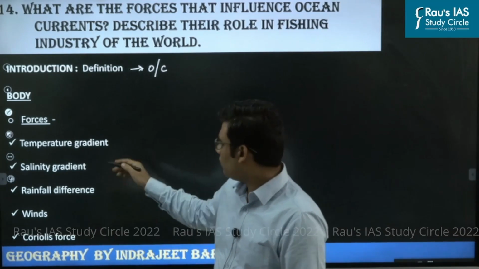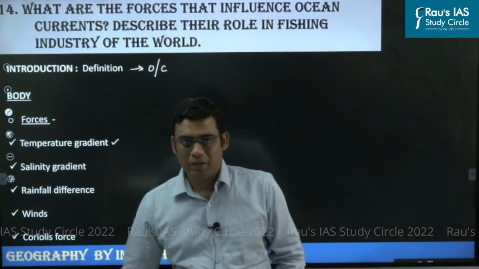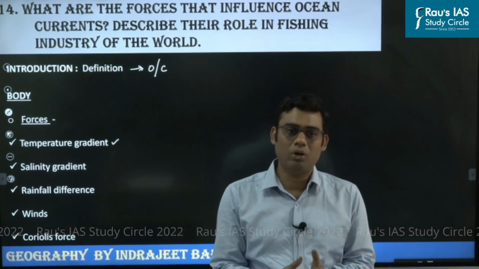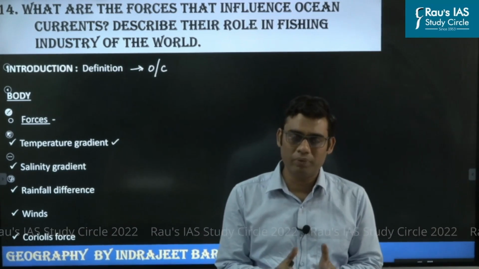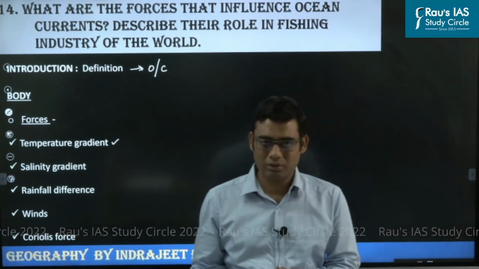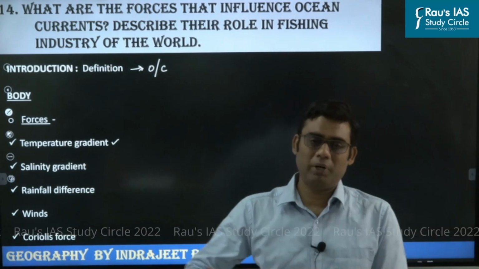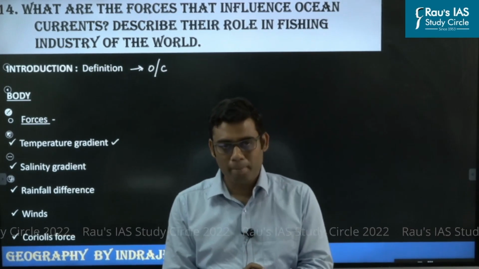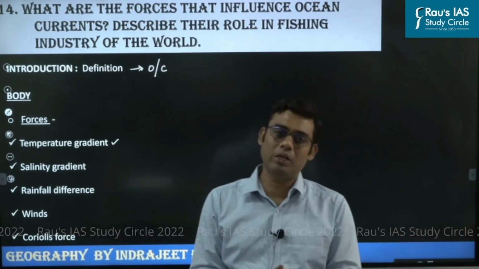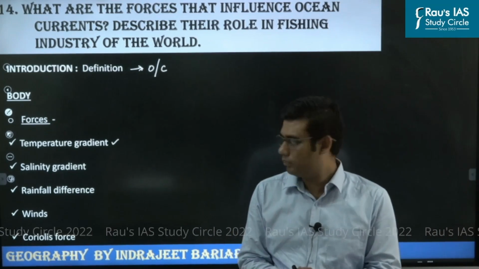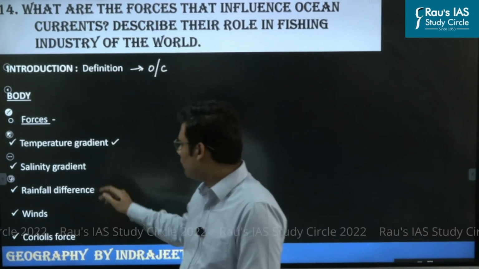So first thing that we see is temperature gradient, where the ocean waters always tend to move from high temperature areas to low temperature areas, and this is pretty much evident from the movement of ocean currents itself, where the warm equatorial currents tend to move towards the poles. So temperature gradient is first.